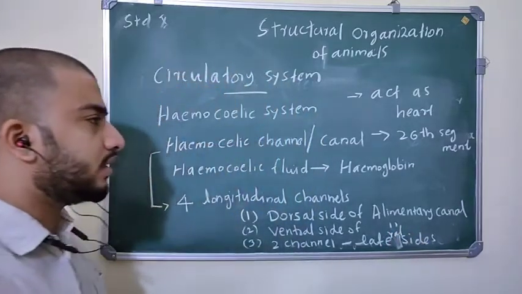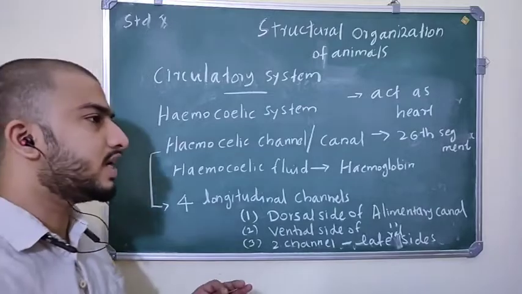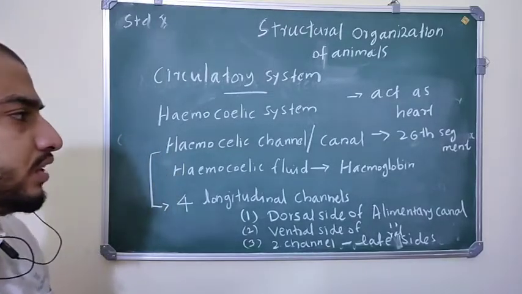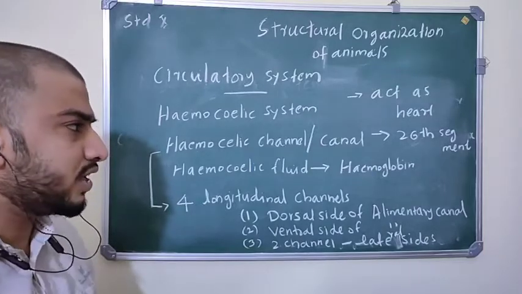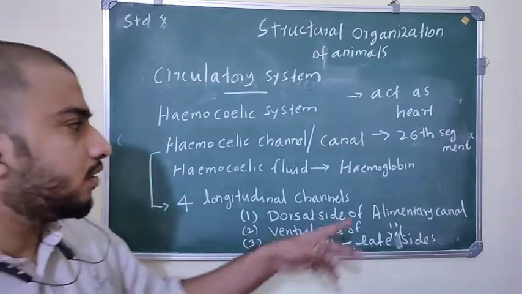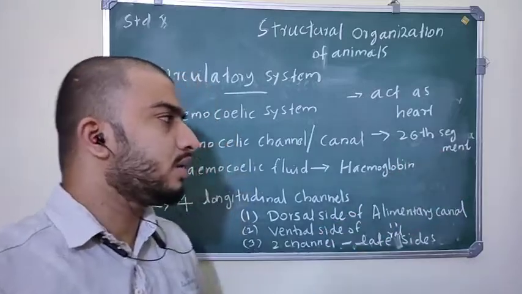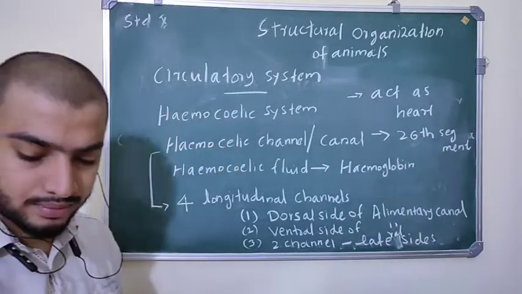The 2 lateral channels act as the heart, and all these 4 longitudinal channels are connected in the 26th segment of the leech.